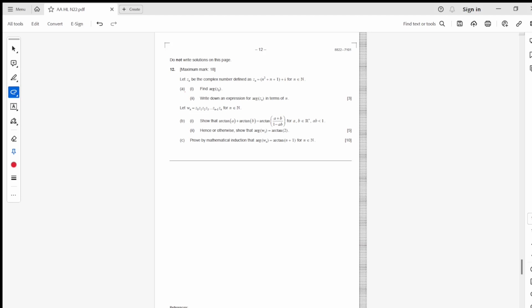So first of all, we can see that n is equal to 0 for this case, and that z0 is just and our argument it's just arctangent of 1, and it's just pi over 4.